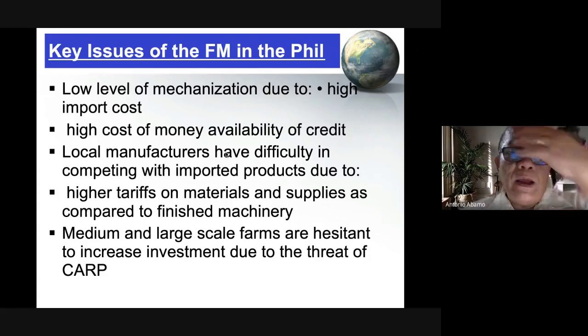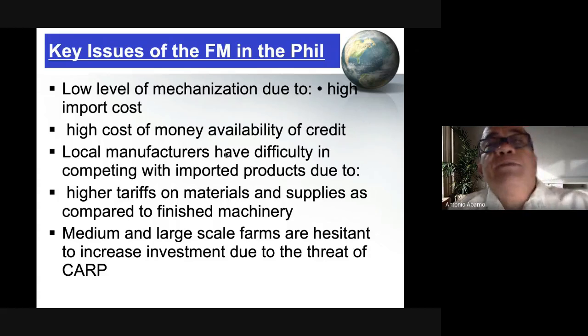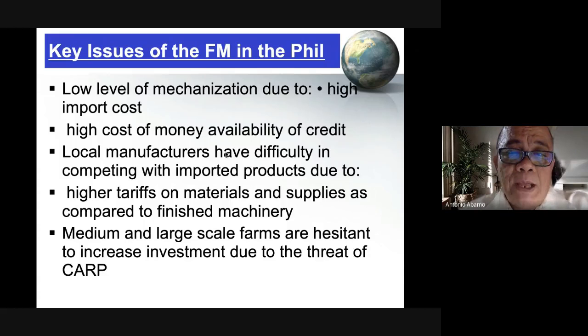And basically, when we think about importation of farm machineries, we also refer to importation from Japan and some from other ASEAN countries, but basically from Japan. And then another issue is that medium and large scale farms are hesitant to increase investment due to the threat of CARP. By the way, why do we have to be threatened about CARP?